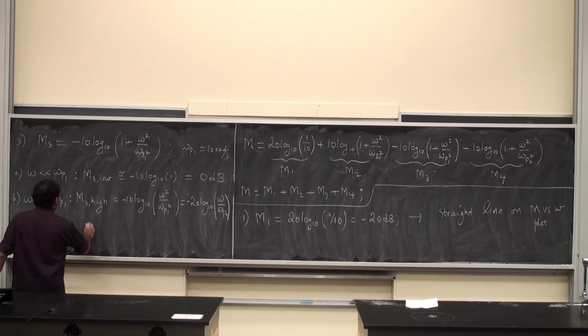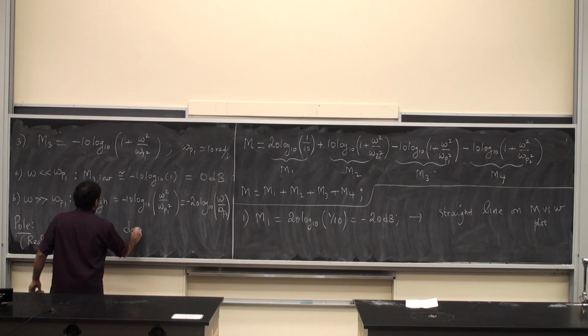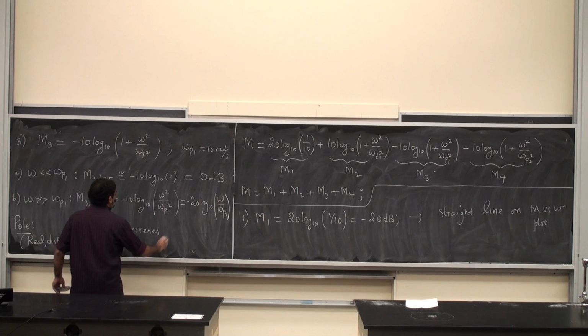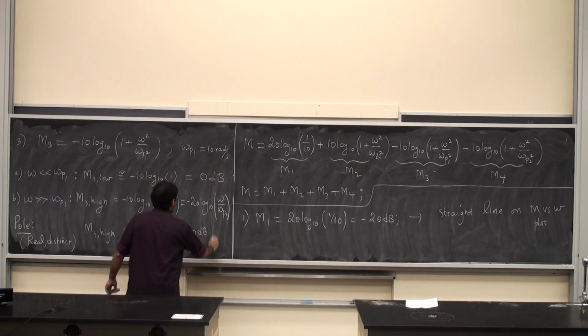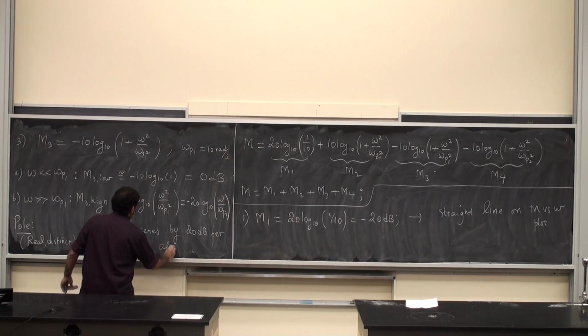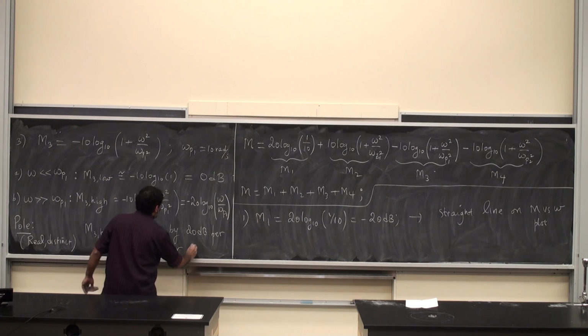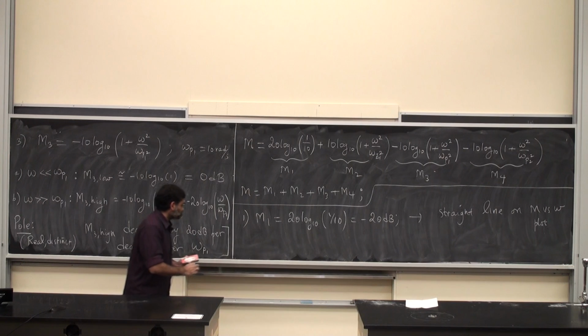So M3 high decreases by 20 decibels per decade after omega P.